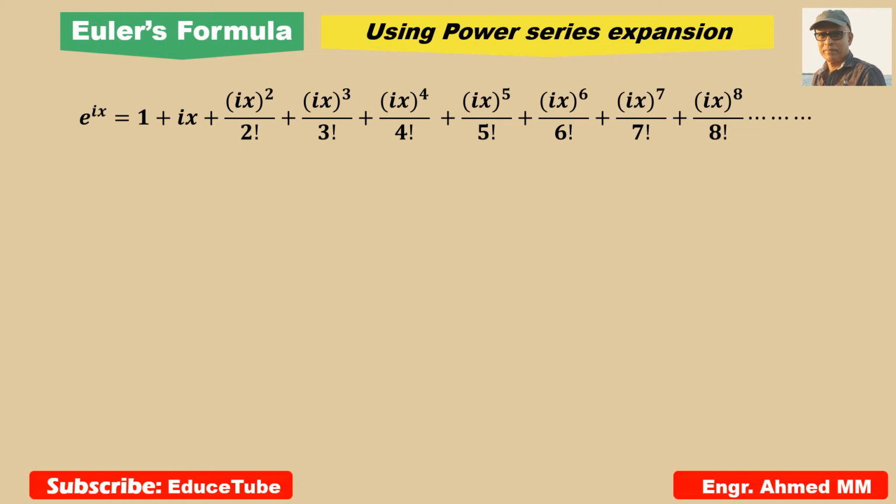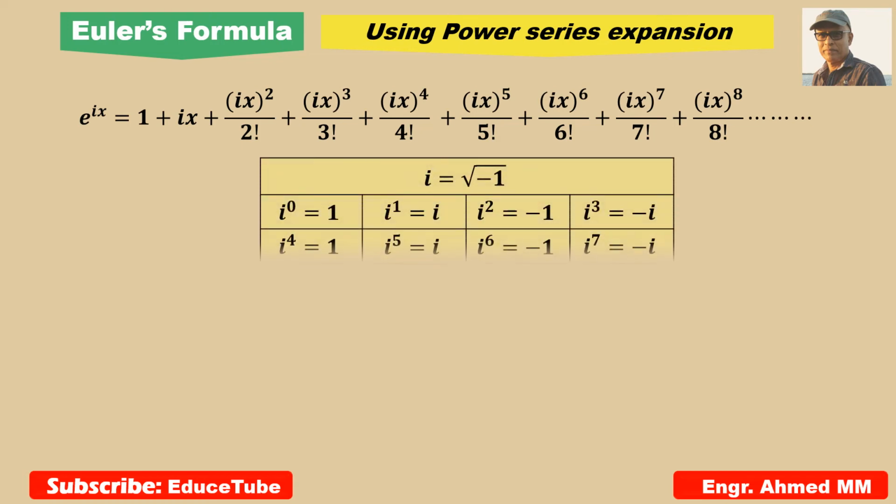So this was our e to the power ix series from the previous slide. We brought it here again. Now I want to prepare the values for i. Say i equals the square root of minus 1. As it is the square root of minus 1, if the power is 1, it will be i.